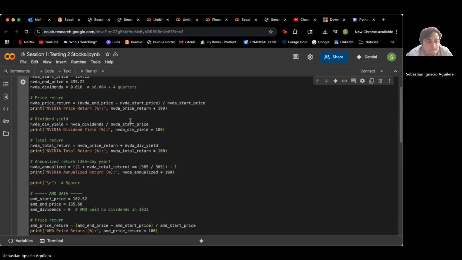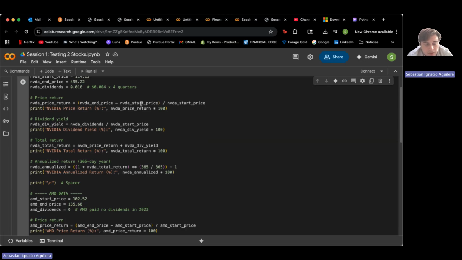And then it prints the NVIDIA price return percentage. Then we calculate the dividend yield. The NVIDIA dividend yield equals the NVIDIA dividends over the NVIDIA starting price, and it will print out the NVIDIA dividend yield.